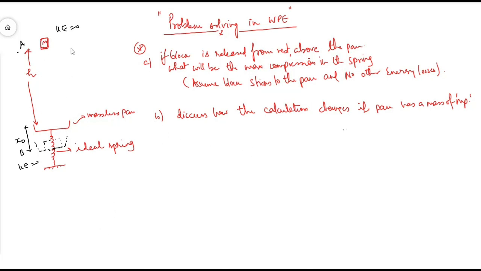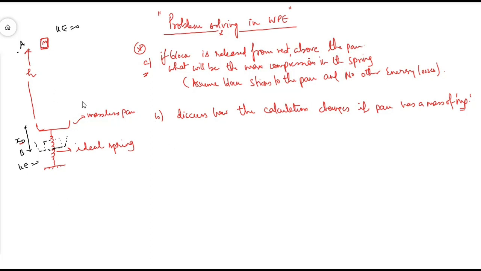Again I'm going to assume that this pan goes from point A, the initial configuration, to this final configuration and undergoes a compression of x naught in the spring. Now this problem might look very similar to the previous problem, but that's not actually the case. We'll see why. In the previous problem we just had one block changing its gravitational potential energy.